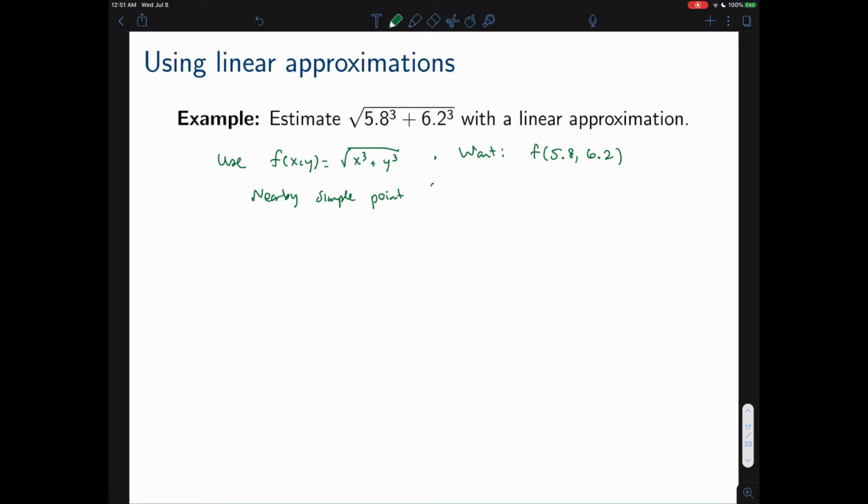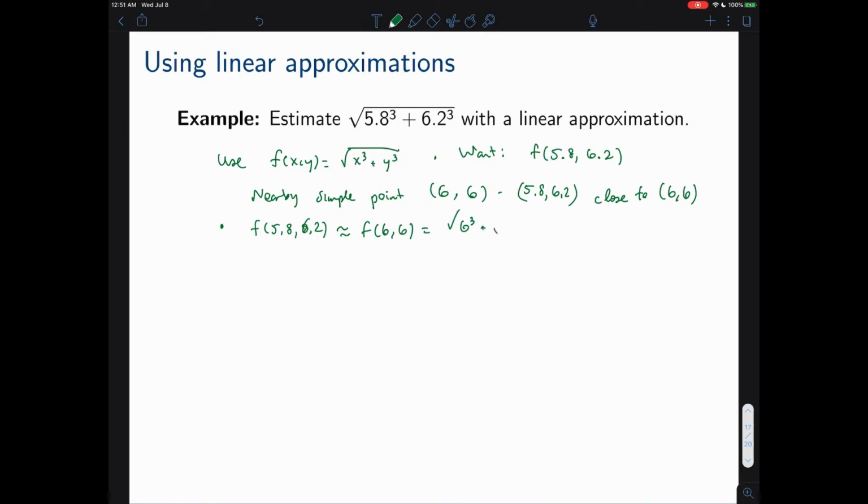Something nearby to that is 6, 6. 5.8 is close to 6, and 6.2 is also close to 6. So we could say f of 5.8, 6.2 is going to be pretty close to f of 6, 6.